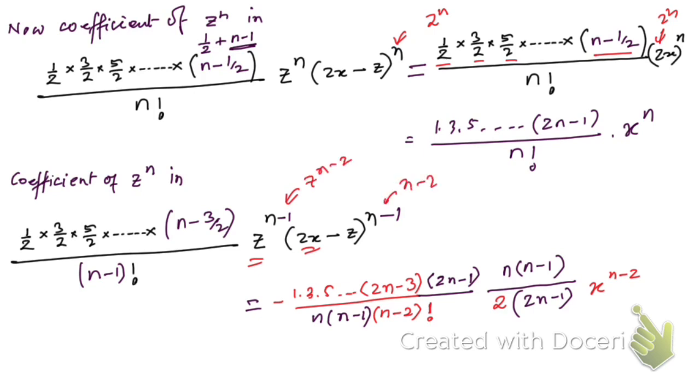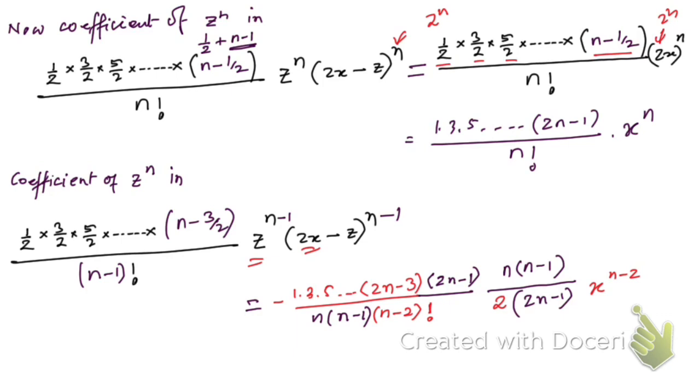Let me write that in the next slide. In the next slide we can write that coefficient of z to the power n. So what will be the next term after this? If you want to obtain z to the power n minus 2, then what are we going to have?